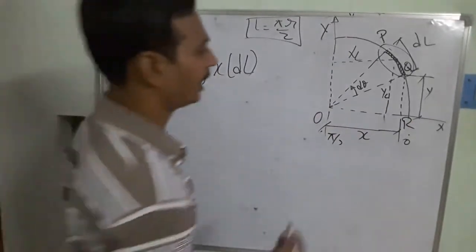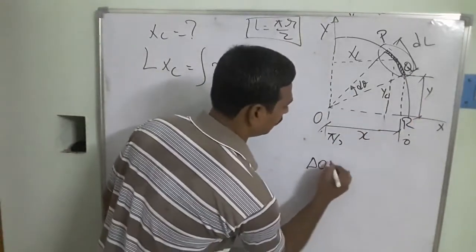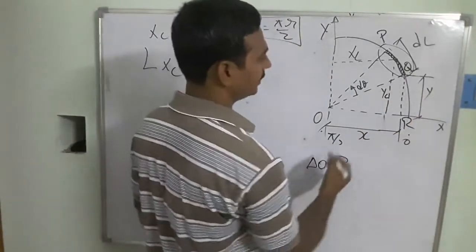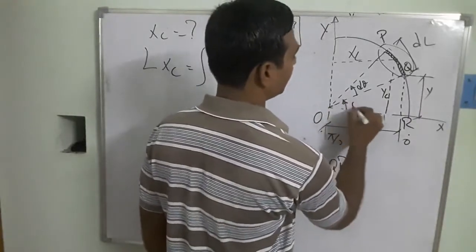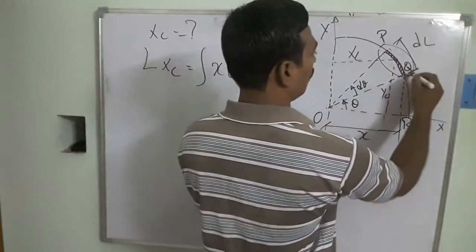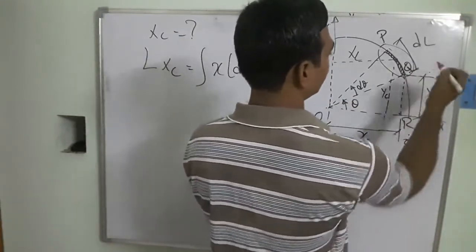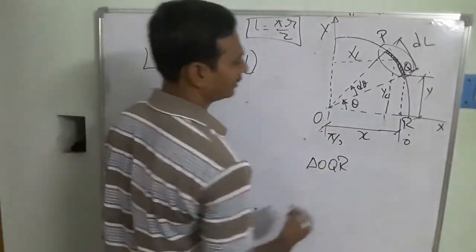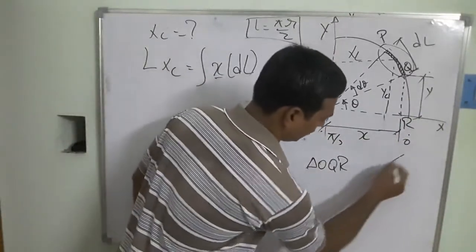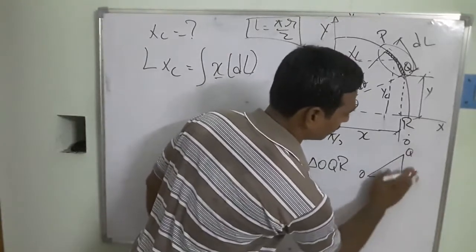For this one I am going to take the triangle OQR. In this case it makes an angle theta with respect to the x axis. Point Q is located at a distance of x, and we need to find out this x.